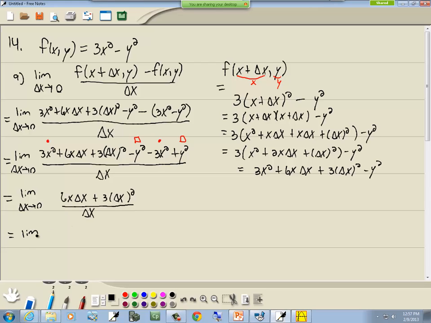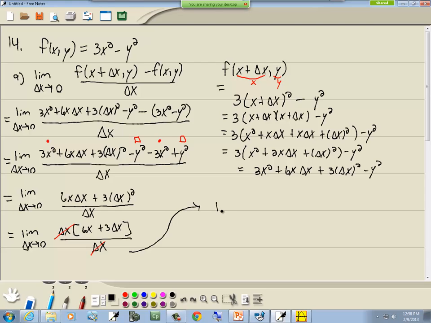Now notice everything up on top has a delta x, so I can factor that out. And that's going to leave us 6x plus 3 delta x over delta x. Well, now we have delta x times something up on top, and we've got delta x down below, so those delta x's cancel. The only reason you can do that is because it's multiplication up on top.